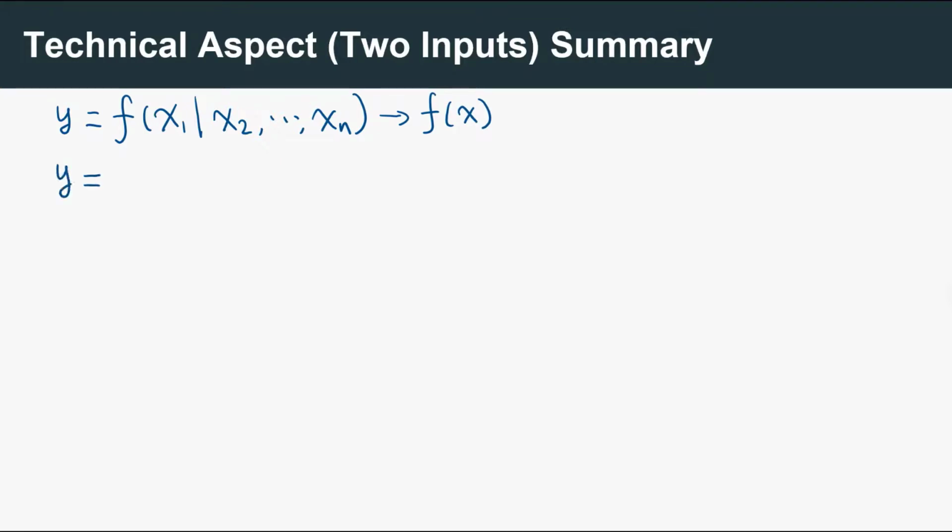Now we have two inputs, or it can be extended to more than two, but let's just use two as an example. Then our production function can be written this way, with x1 and x2 as variable inputs, and again, for notational convenience, we can write it this way.